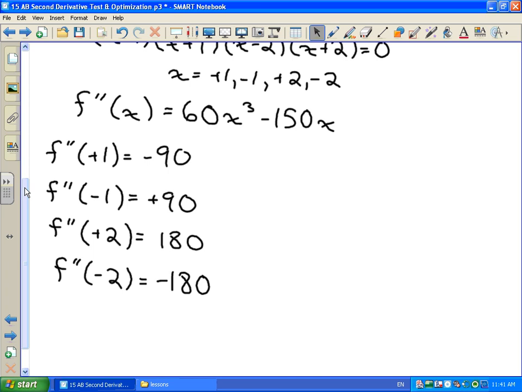Our second derivative here is negative. So is this a local maximum or local minimum? Well, this is going to be a local max. Where this thing is positive, let's see, positive, we're going to have a local min.